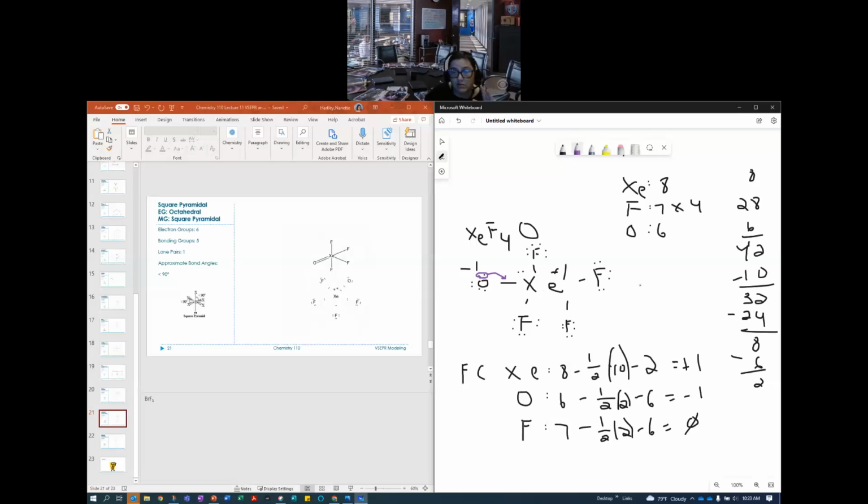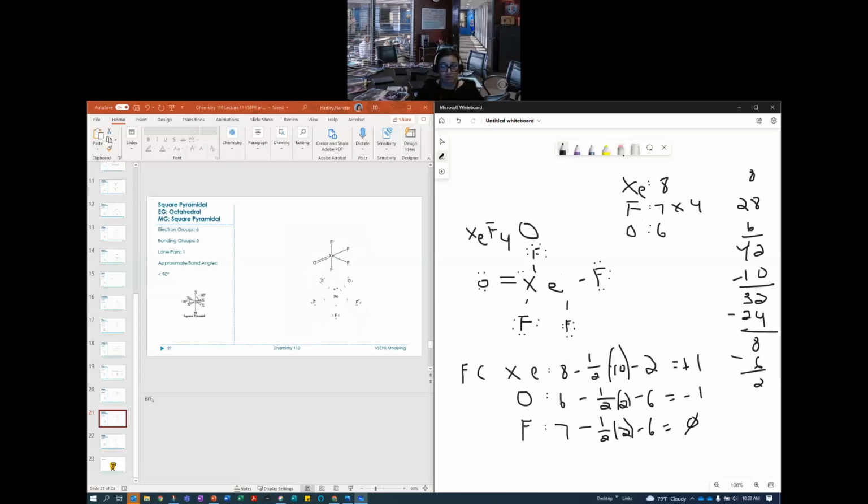Now, that means I'm going to change my structure, and I'm going to erase so that I can show this a little better, a little cleaner. And then we'll recalculate our formal charge. So that means that I'm going to end up with this structure right here. And of course, I move my other lone pairs.